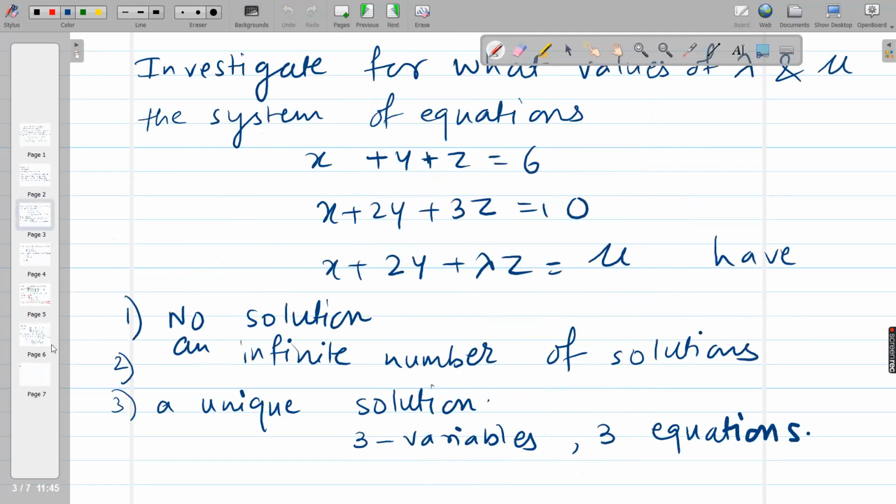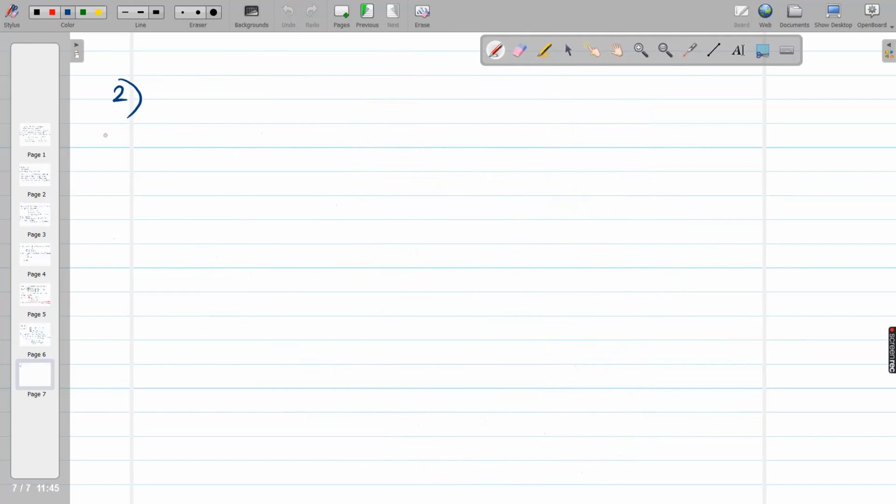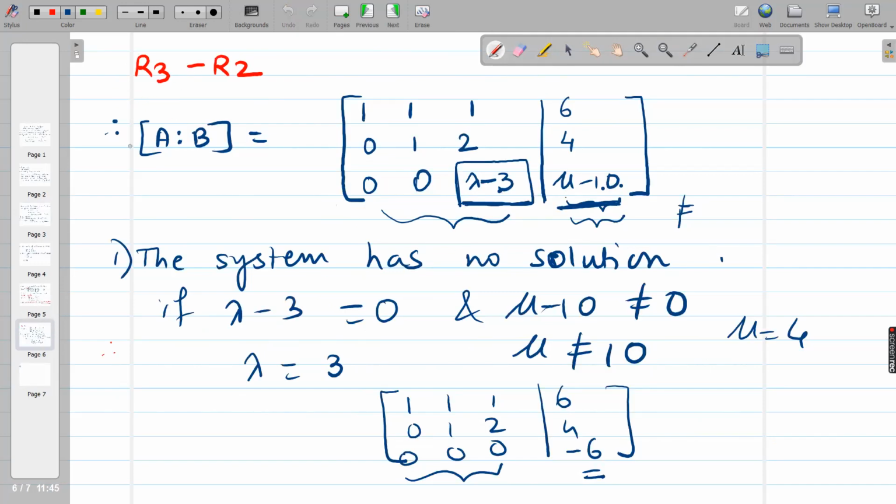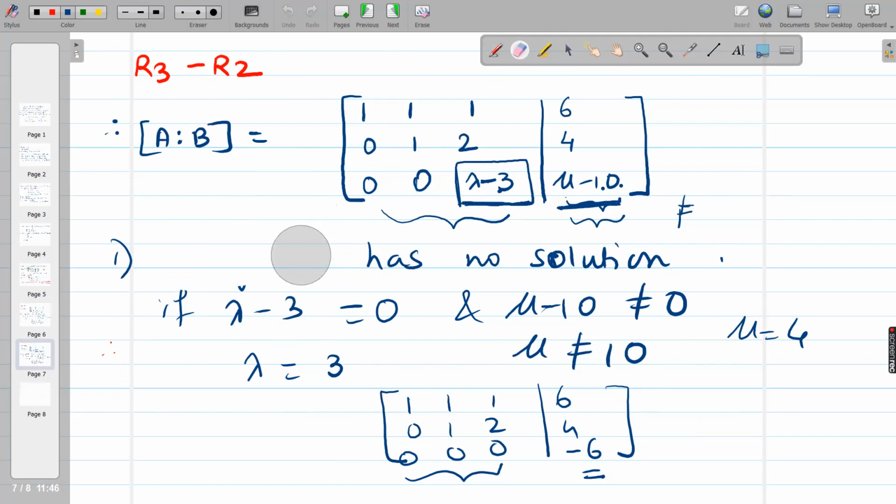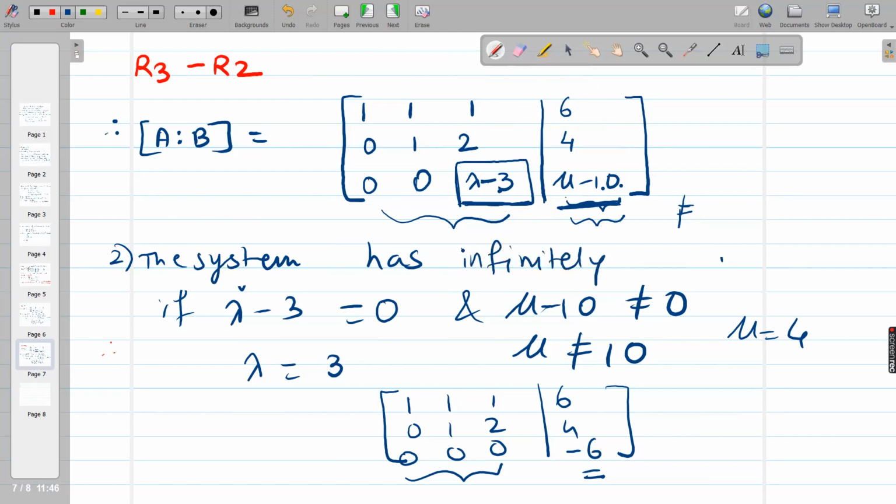Next is an infinite number of solutions. So I'm rewriting the final matrix. Okay, I'll make changes over here. Now I want the system to have, second case, many solutions, infinitely many solutions.